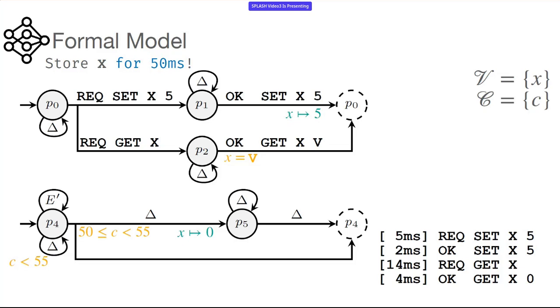So we will force it out of the initial state after 50 milliseconds plus slack. Now we have to do some bookkeeping. We have to reset our clock whenever we re-enter the initial state after resetting x. And we also want to start the timer whenever we actually see a set event. And with that, we are done. We just make the product automaton of these two, and we have our formal model encoded as an automaton.